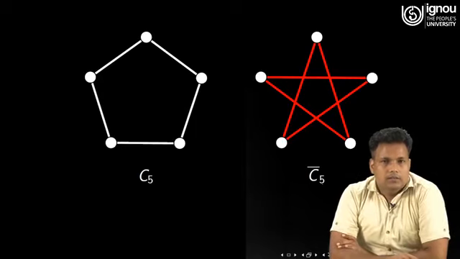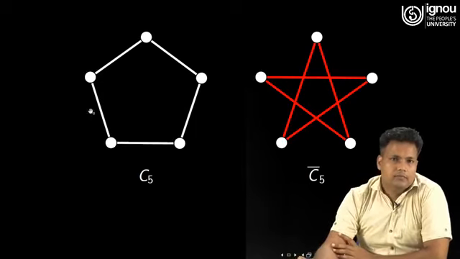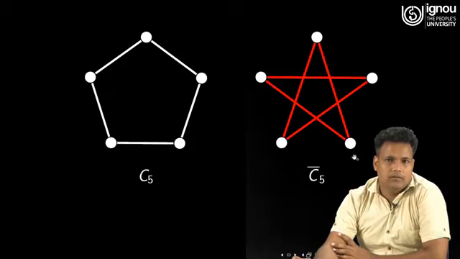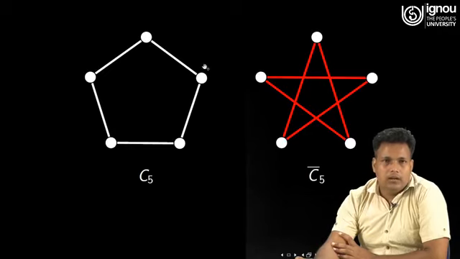Likewise, just consider the cycle C5. Its complement is this one. All the missing edges are present here, C5 bar, and if you just transform it, you will get a C5. And in fact, finding an isomorphism is also not difficult here. You can just map any vertex here to this one, and then start following how its neighbors are there.